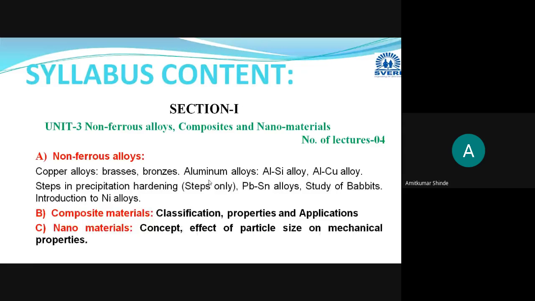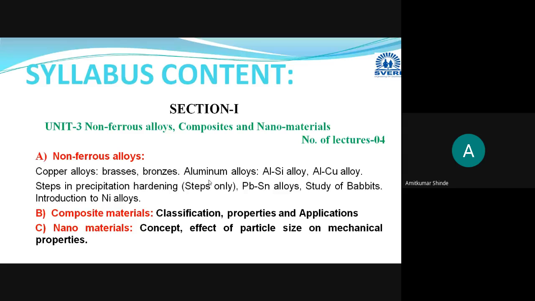You can study its properties, like how much tensile strength we are getting, what its structure or microstructure is, and what its hardness is. You have to first prepare that material, check its properties, and make a report on it.